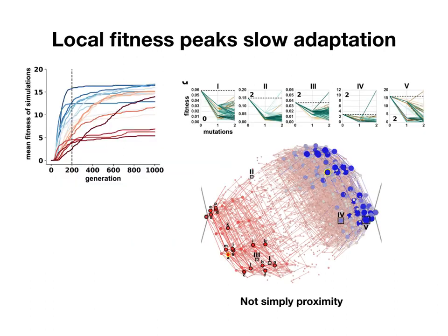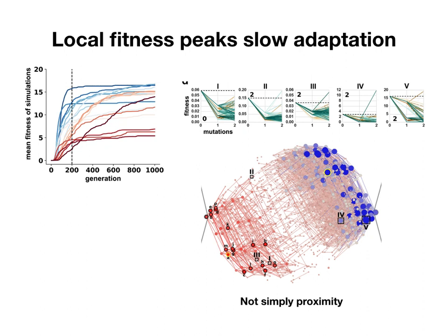And these are all individual simulations, but we also see this when we average hundreds of simulations together. So that's what's shown on this graph on the left, where the blue traces are the average dynamics of about 100 simulations, and each blue trace starts from the same genotype. So we can see that those blue genotypes tend to have very rapid adaptation, whereas the red genotypes, if we start from those genotypes, they tend to have very slow adaptation rates.